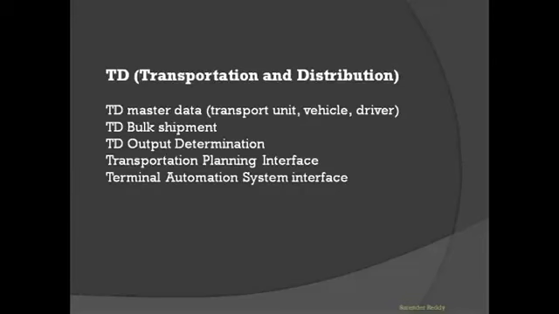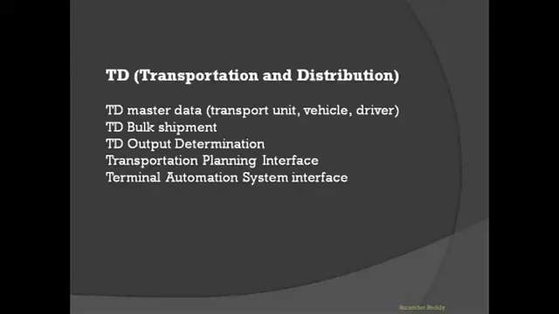In output determination, how we get the documents printed or faxed, those things we will discuss. And there are two interfaces: the transportation planning interface (TPI) and the terminal automation system interface. If the client is using third-party software to plan the shipment or to load the shipment, then we will use these interfaces.